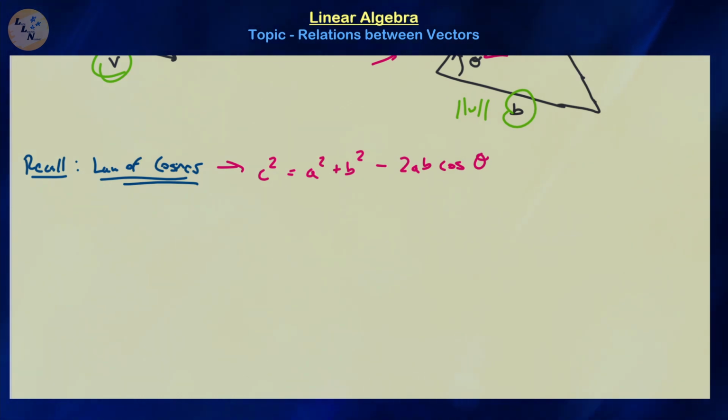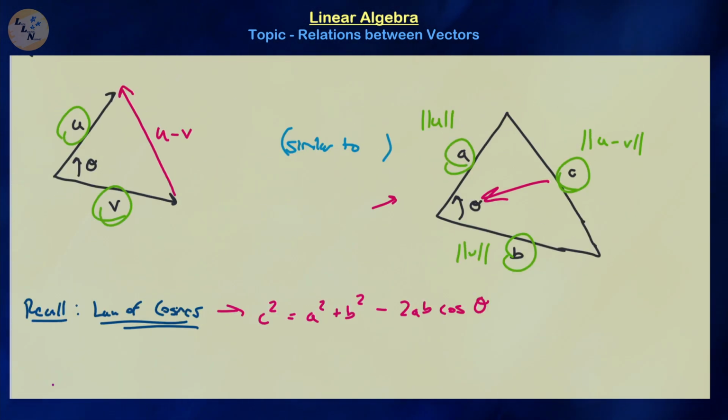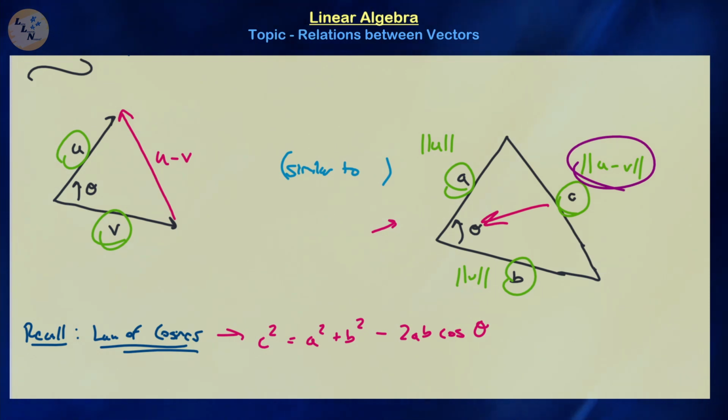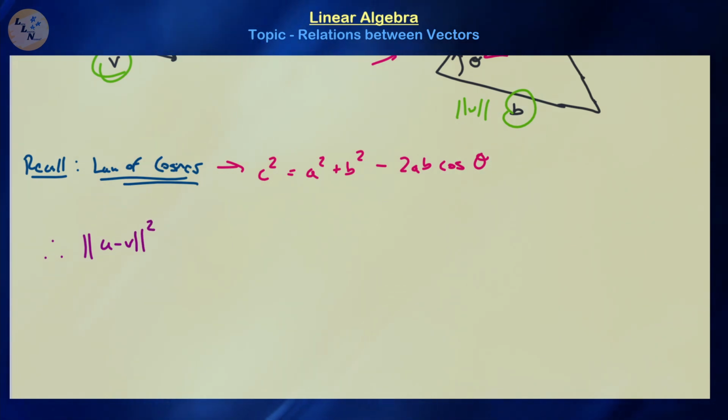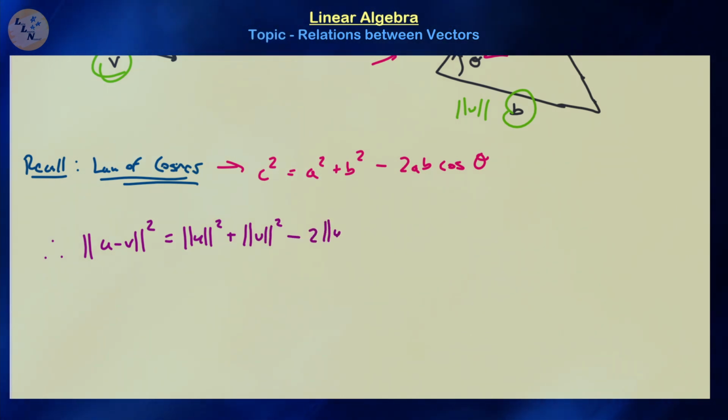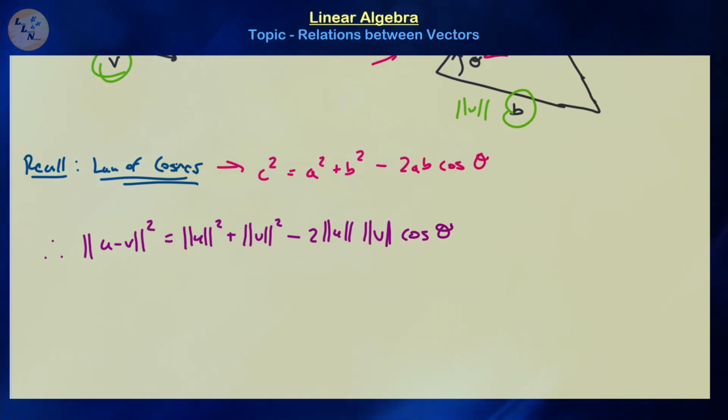So once we do that, what will we get? Well, C corresponds to the magnitude of u minus v. You could also do v minus u, and you should be able to see that you get the same exact answer. So that's going to give us the norm of u minus v, the quantity squared, is equal to the norm of u squared plus the norm of v squared minus 2 norm of u, norm of v, times the cosine of the angle between u and v.